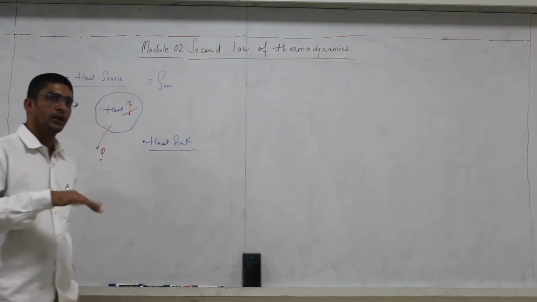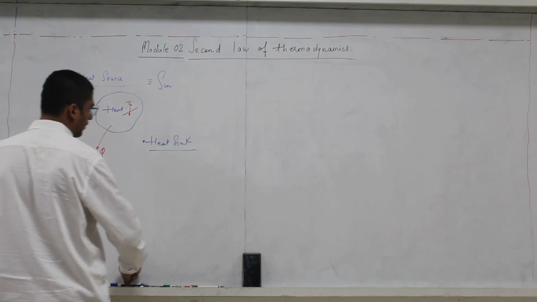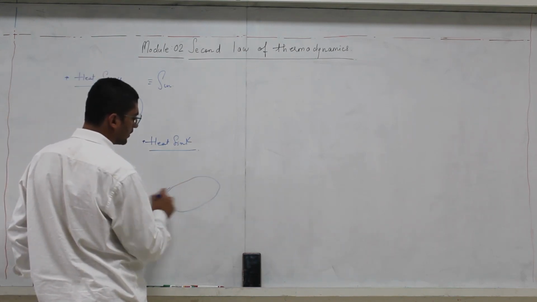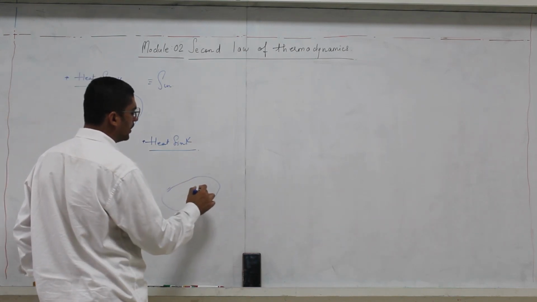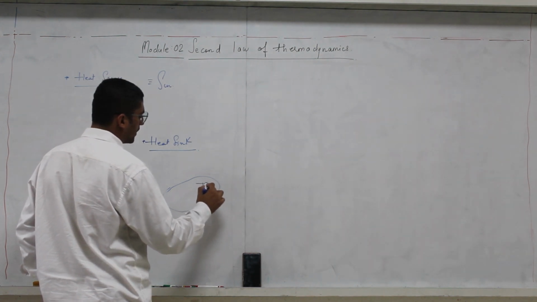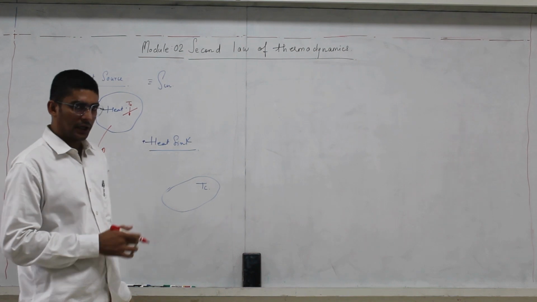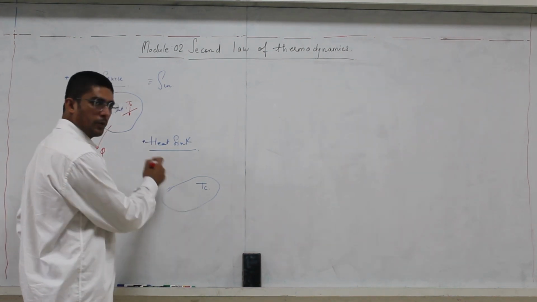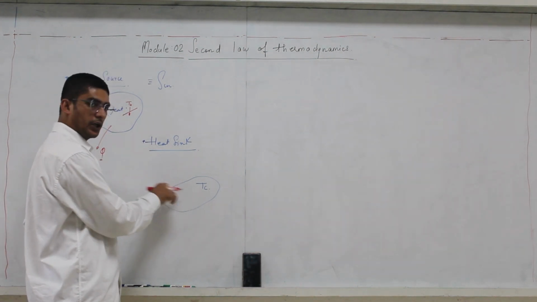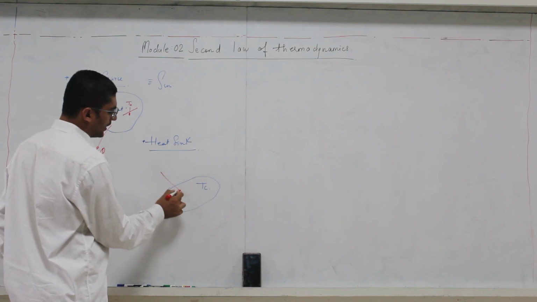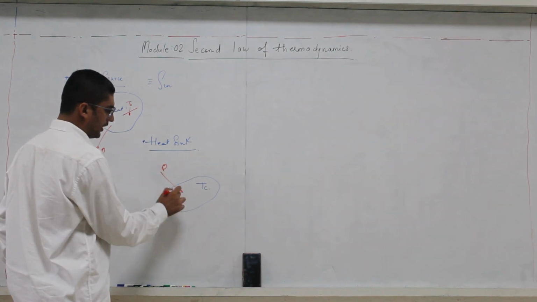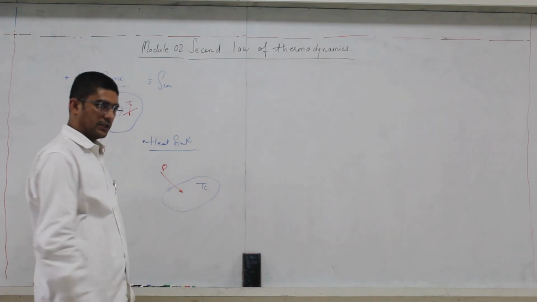Similarly, in the fashion of the source, there is an ideal body. You can assume this ideal body has a temperature of Tc, and you use this ideal body in your practical application to absorb heat energy. So you have a rejection of heat energy from a particular system, and this heat goes to the heat sink.